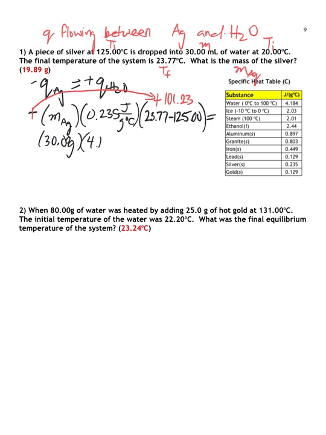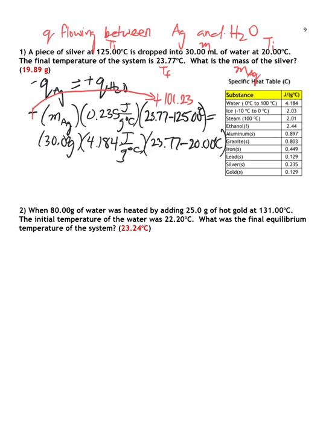Specific heat capacity of water is 4.184 joules per gram times degrees Celsius. The change in temperature of water is 23.77 minus 20.00 degrees Celsius. And then you set those two equal.